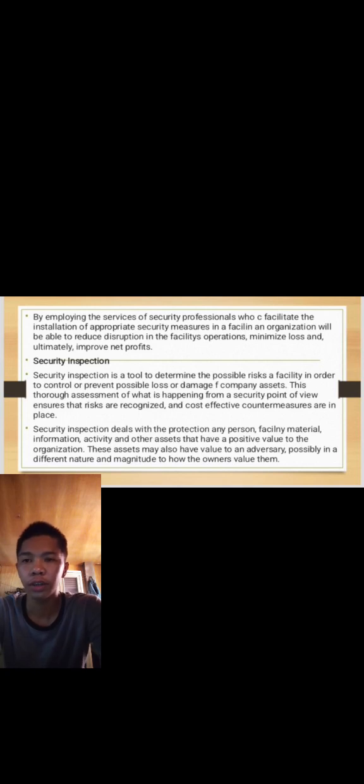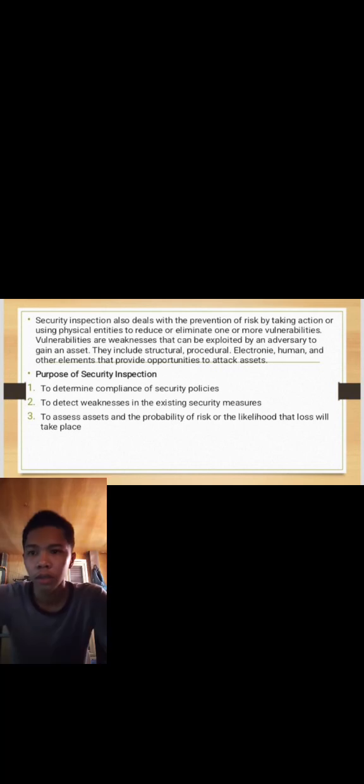So these are the benefits of employing security professionals in security inspection. Employing security professionals who facilitate the installation of appropriate security measures in a facility will reduce disruption in facility operation, minimize loss, and improve net profits.